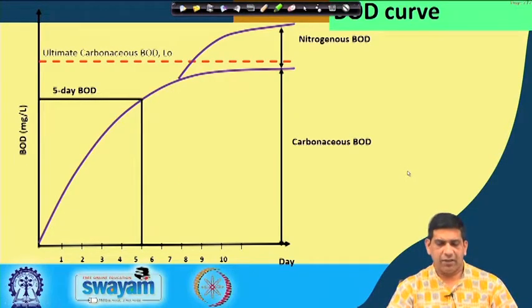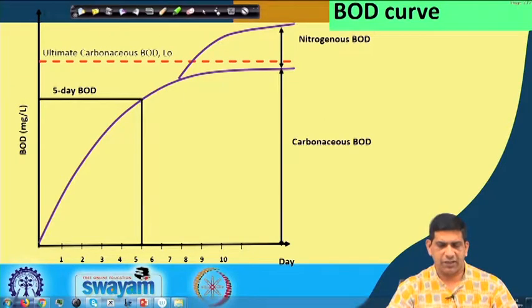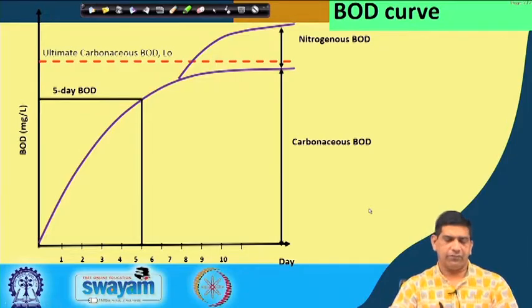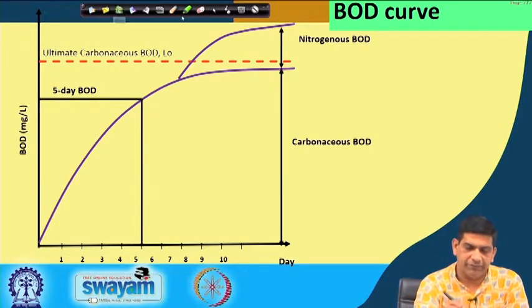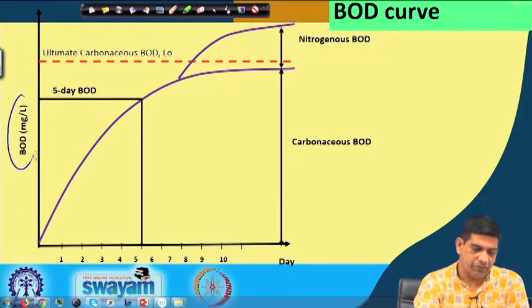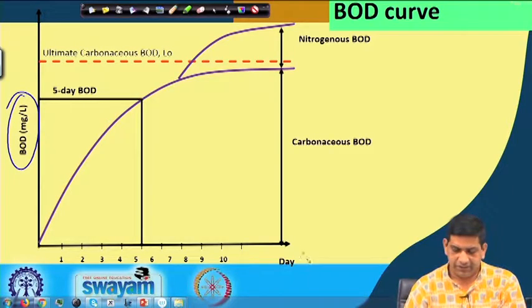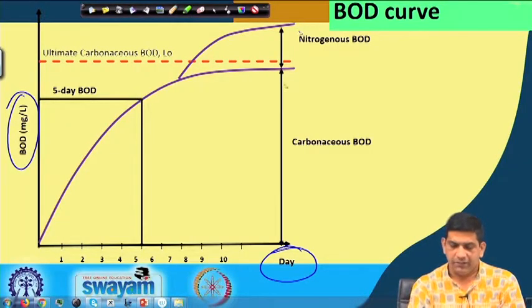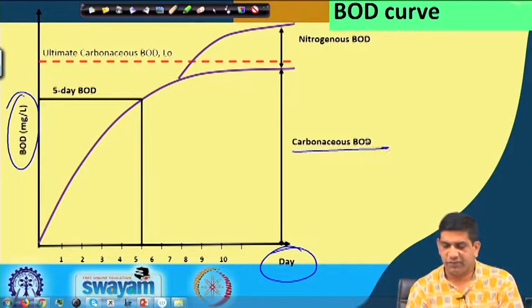Many times the question is also asked: why 5 days? So, this is a typical BOD curve, where we have the BOD in milligrams per liter, and the number of days at the bottom. The purple line, and then there is another line on top. This is known as carbonaceous BOD. What does that mean?